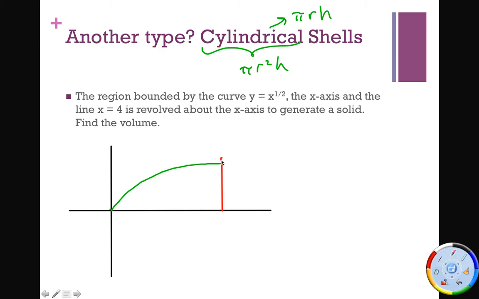You should probably know that they intersect at the point 4, 2. And here's what this particular method does. We take and we draw a line horizontal or parallel to the axis of rotation.